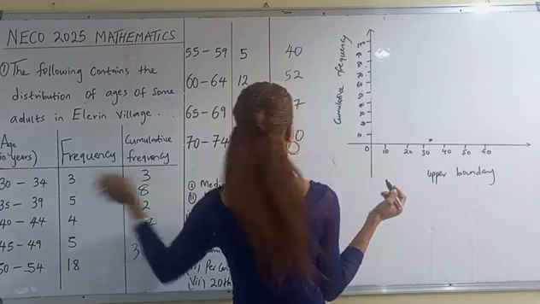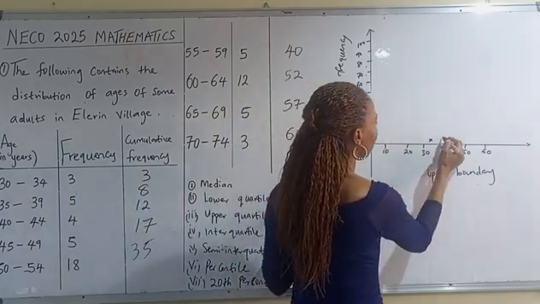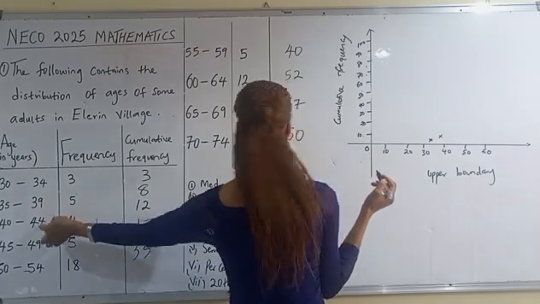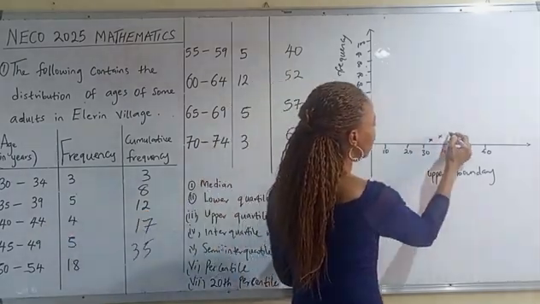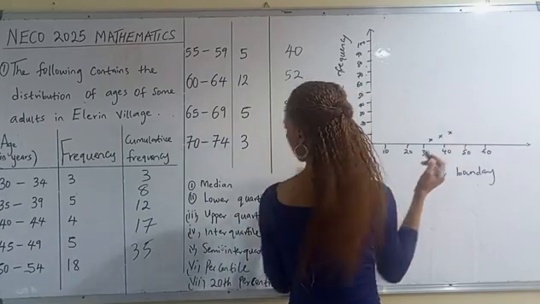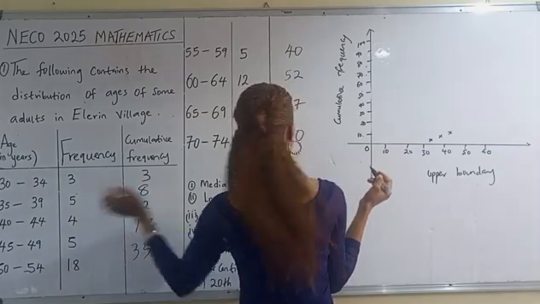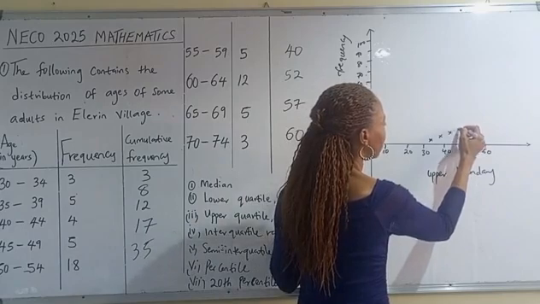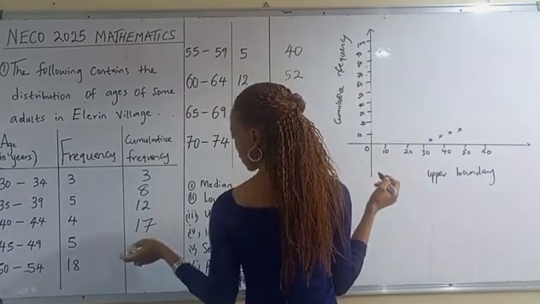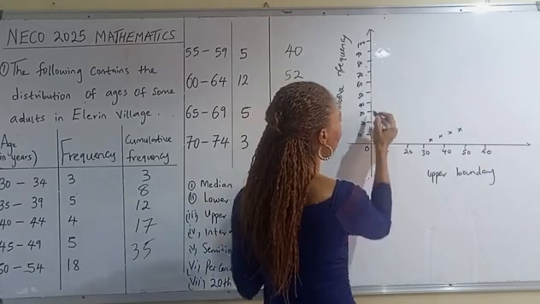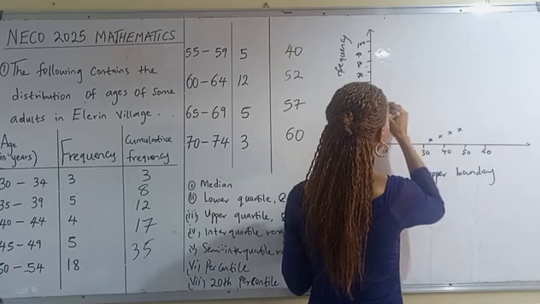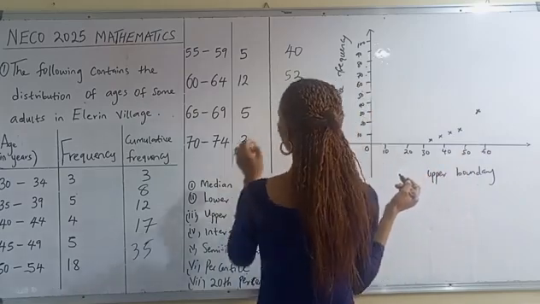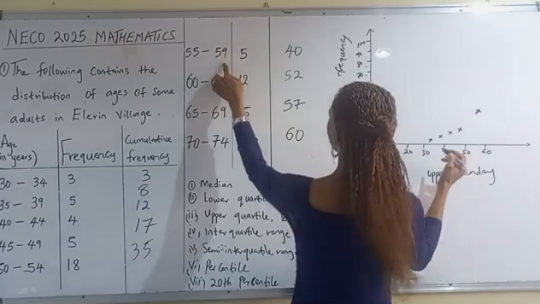Then 8 at 39. Then we have 12 at 44. 17 at 49. 35 at 54. 40 at 59.